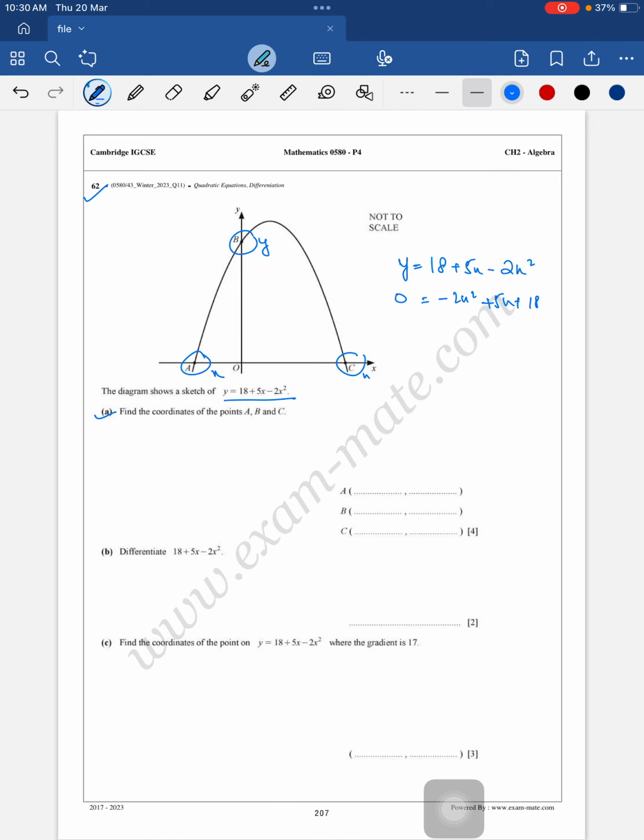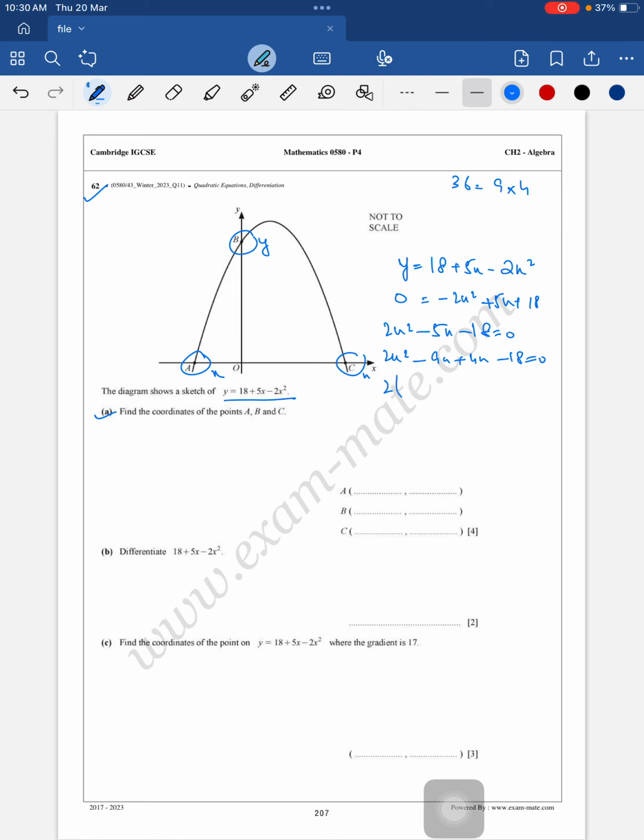So if I move all three terms over there, it will be 2x squared minus 5x minus 18 is equal to 0. Solving it by middle term breaking, 18 times 2 is 36, and 36 is a combination of 9 and 4 will work. Middle term 5 can be obtained. So 2x squared minus 9x plus 4x minus 18 is equal to 0.